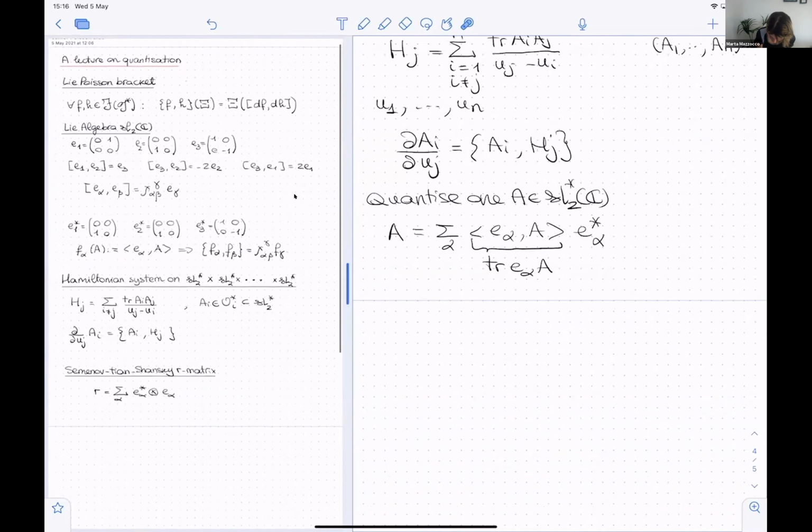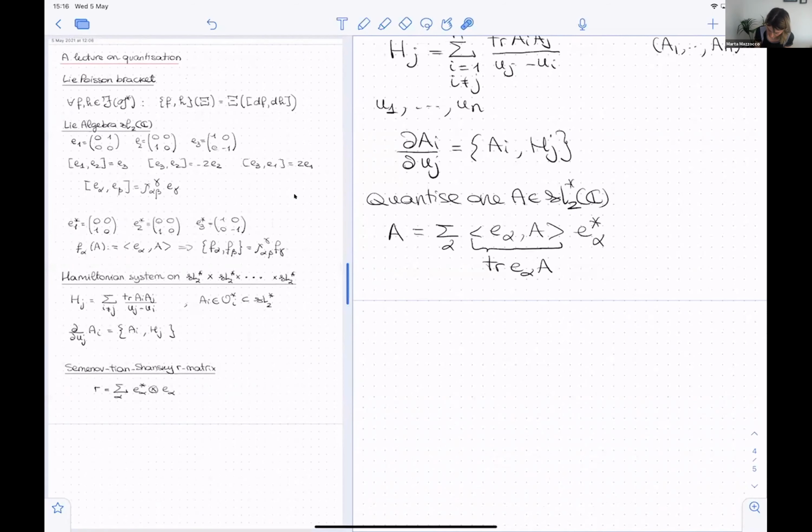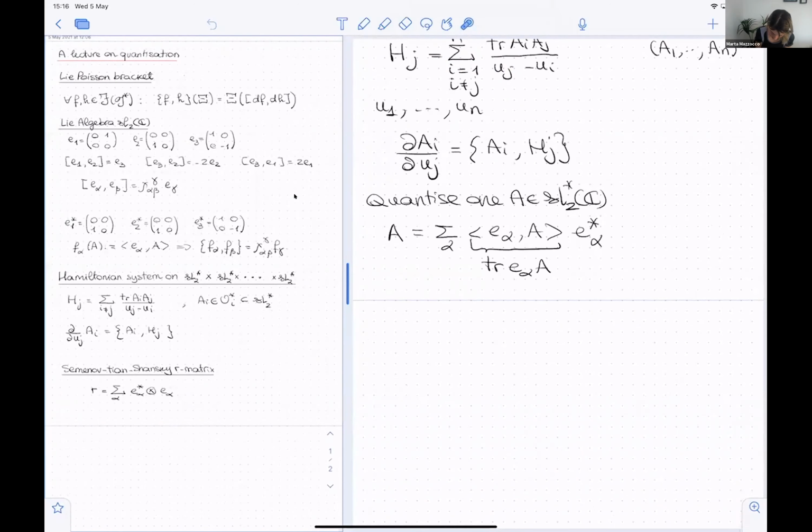So the dual basis is written, I don't know why it doesn't allow me. Oh, here it is. And now we think about that, okay?